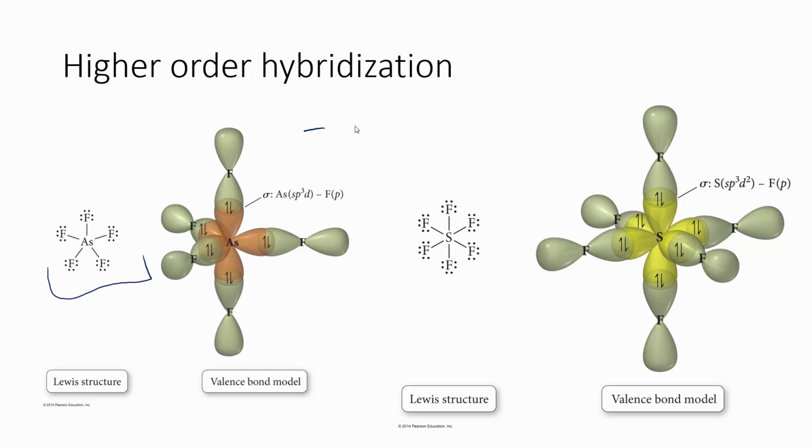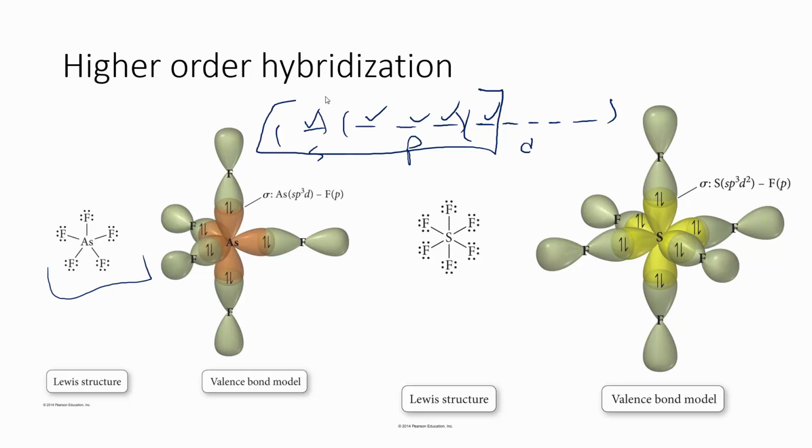Arsenic, if it has 5 attachments, we have d orbitals, p orbitals, and s orbitals that will need to hybridize. With 5 attachments, I will need 1, 2, 3, 4, 5 orbitals. So with 5 orbitals, that means I have an sp3d hybrid.